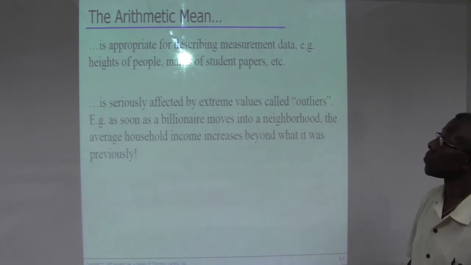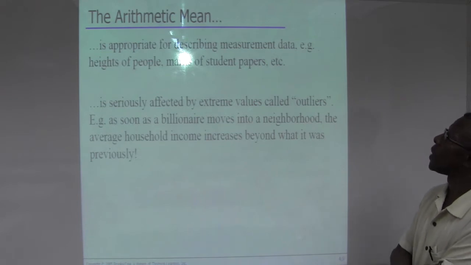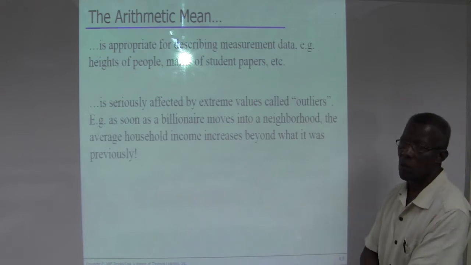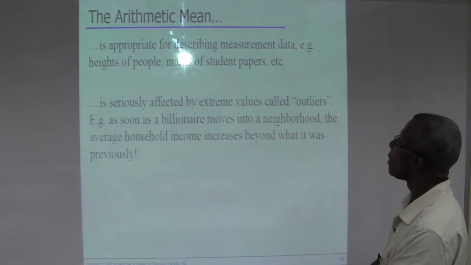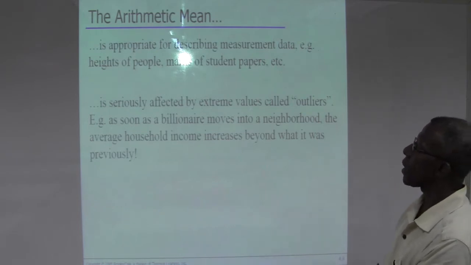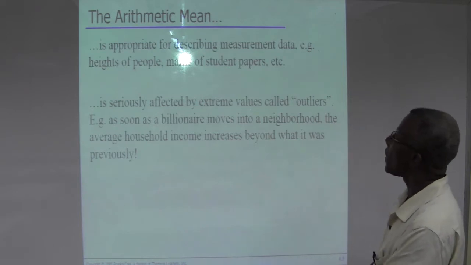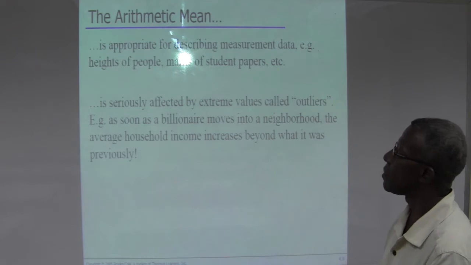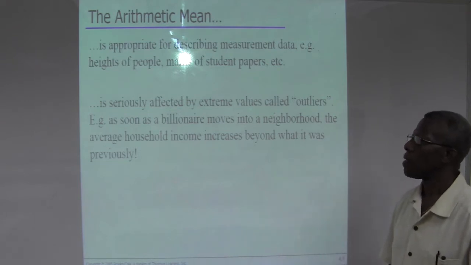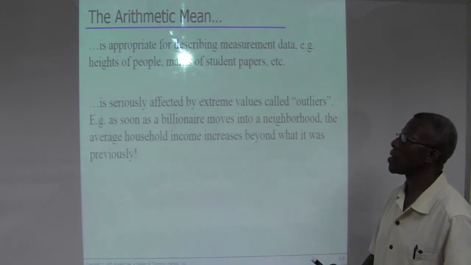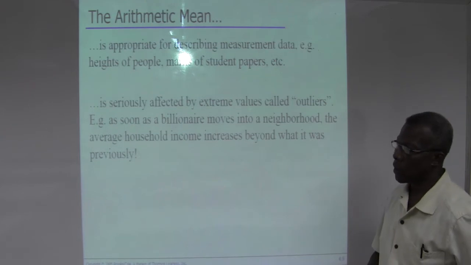The arithmetic mean is appropriate for describing measurement data, or interval data, the same thing. Heights of people, marks of student papers, etc. are examples of interval data. Note that the arithmetic mean is seriously affected by extreme values called outliers.